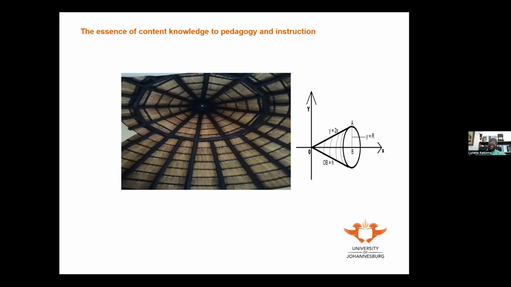For instance, this is a picture that I took in a game reserve. From here, I was able to identify the mathematics that can be taught from primary school, parallel lines and so on, all the way up to university, dealing with the volume of a cone. And you can use that to teach economics, the amount of grass that is required and costings, and so on.